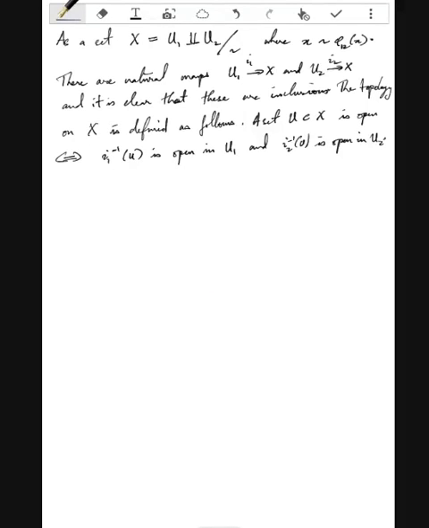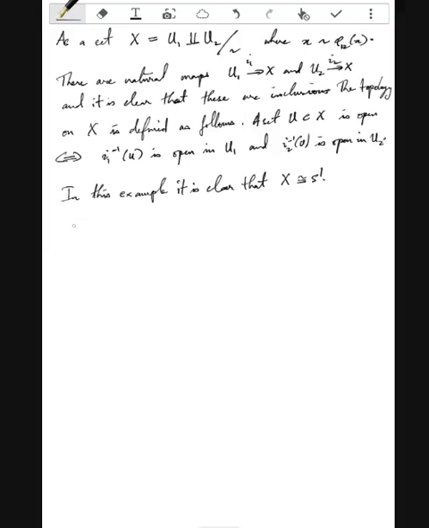Okay, and it is clear in this example that as a topological space X is homeomorphic to S1.